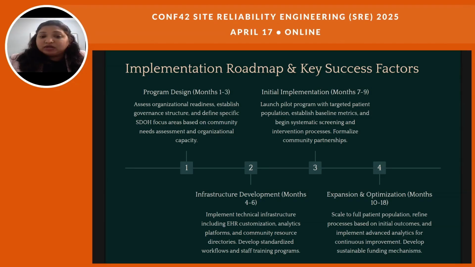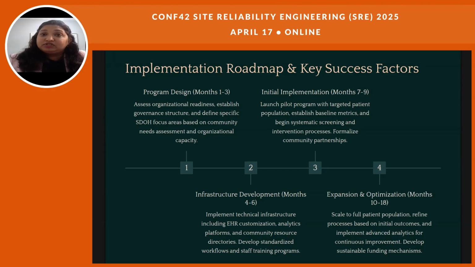implementing technical infrastructure, including EHR customization, analytics platform, and developing standard workflows and staff training programs is what month 4 to 6 consists of. Next comes the initial implementation from month 7 to 9, launching the pilot program with targeted patient population, establishing baseline metrics, and formalizing community partnerships are involved in this phase.